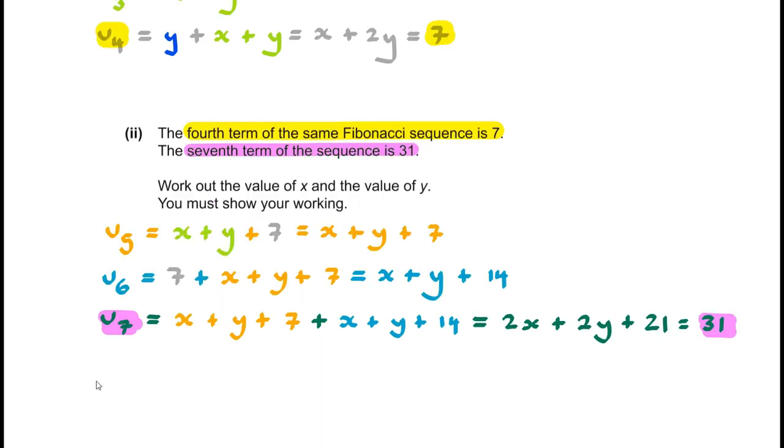So we've got two equations. We've got x plus 2y equals 7. And then we've got this other equation, 2x plus 2y plus 21 equals 31, which we can simplify to 2x plus 2y equals 10.